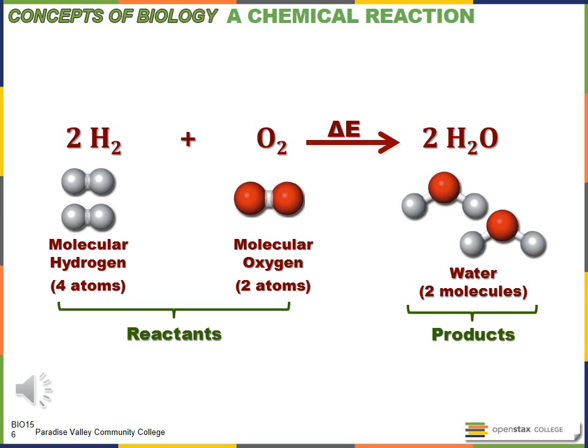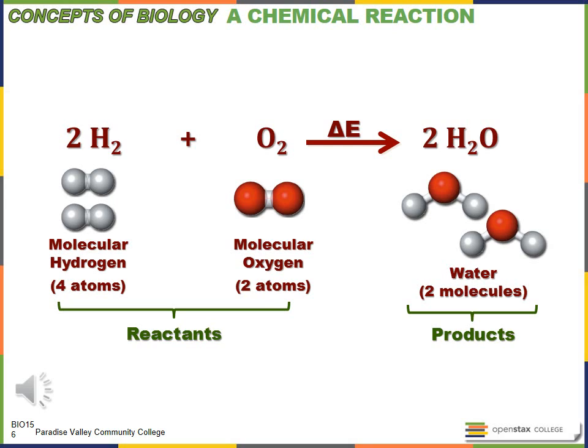Usually the component to the right of an arrow, as it's written at the top there, those are going to be called products. So in this case, we have two products forming. We have two water molecules that are your products.